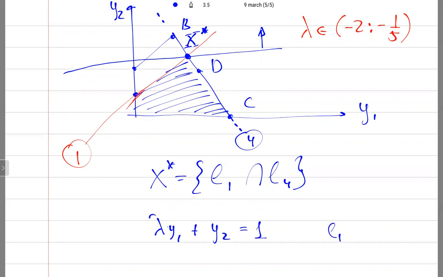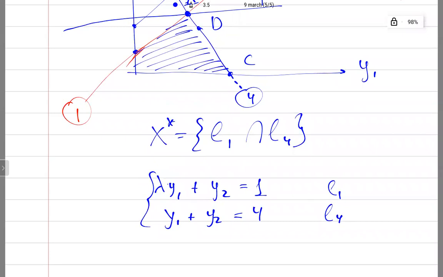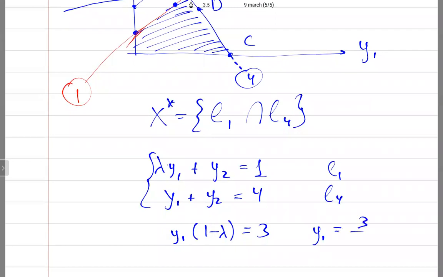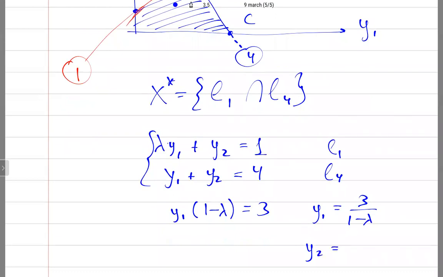This is line 1. And intersection with line 4, that is y1 plus y2 is equal to 4. The intersection is y1 multiplied by 1 minus lambda is 3. So y1 is 3 over 1 minus lambda. And y2 is 4 minus 3 over 1 minus lambda. So those are the coordinates of the point X star.